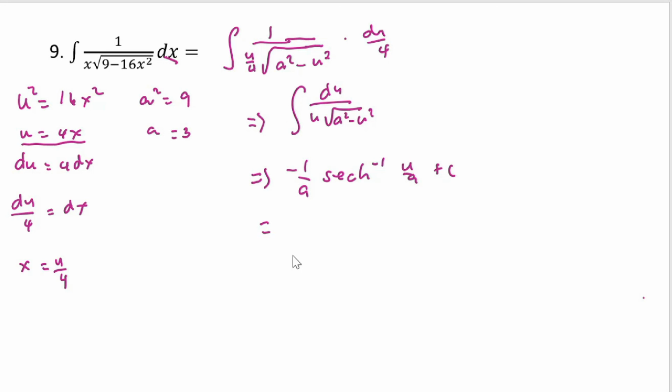Replacing the value of u and a, we have negative 1 over a, which is 3, and then the inverse hyperbolic secant of u over a. Here u is 4x and a is 3, so we have 4x over 3 plus a constant.